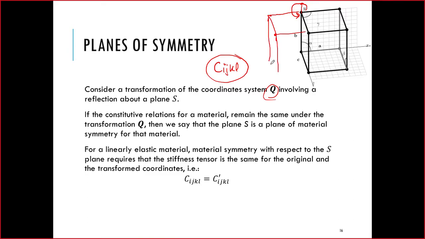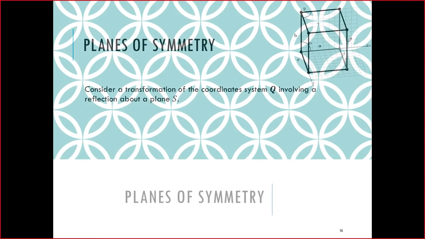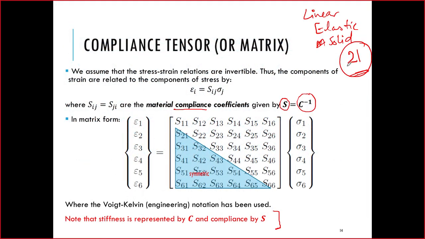That is, I have just pointed out to you that this material, this was a very bad diagram, but this material actually has some symmetry in its crystal structure. And because of this symmetry, those 21 components of ours actually get reduced even further.